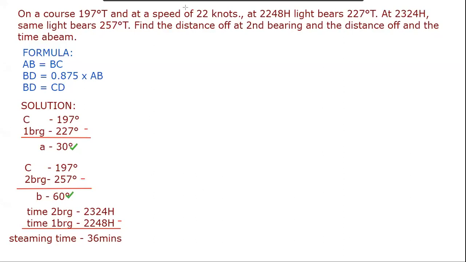So the answer is equals to 0.6 hours. So bakit 0.6 hours? 36 divided by 60 is equals to 0.6. So ibig sabihin, nakuha na natin yung ating steaming time.